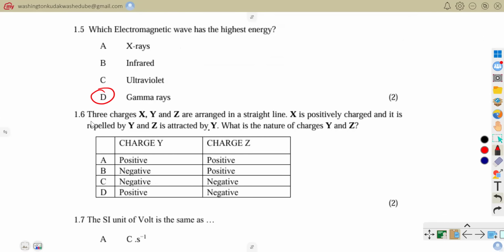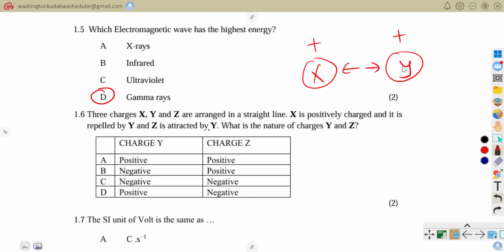Now 1.6 is saying three charges X, Y, and Z are arranged in a straight line. X is positively charged and it is repelled by Y. So here they are saying that X is positively charged, and X is being repelled by Y. We know that like charges repel and unlike charges attract.